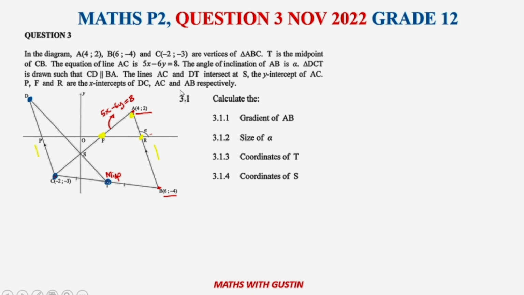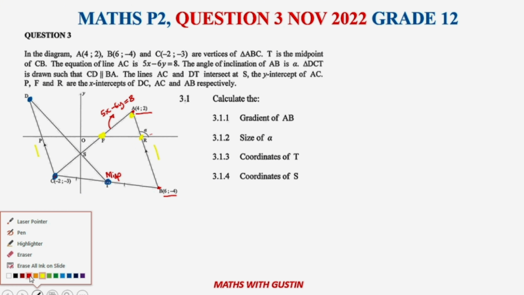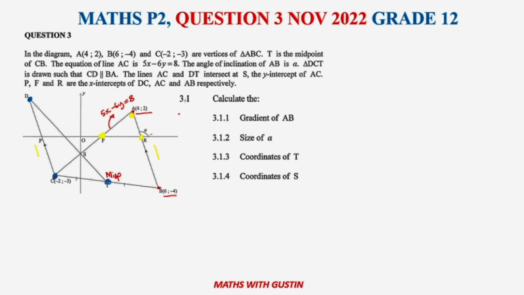Basically this information is telling us that these lines form an angle of inclination with the x-axis. It means you've got an angle here and an angle here. If you know the gradient of DC, you would know this angle. If you know the gradient of AC, then you would know this angle, and also this angle right here.